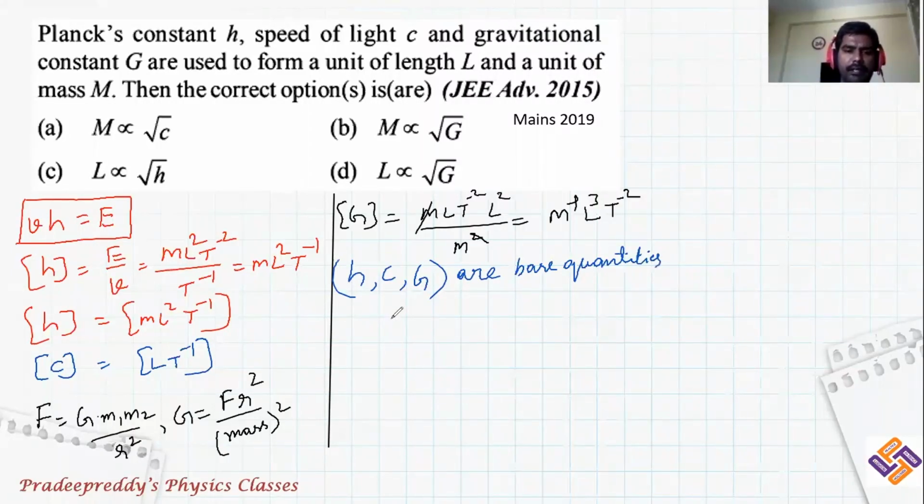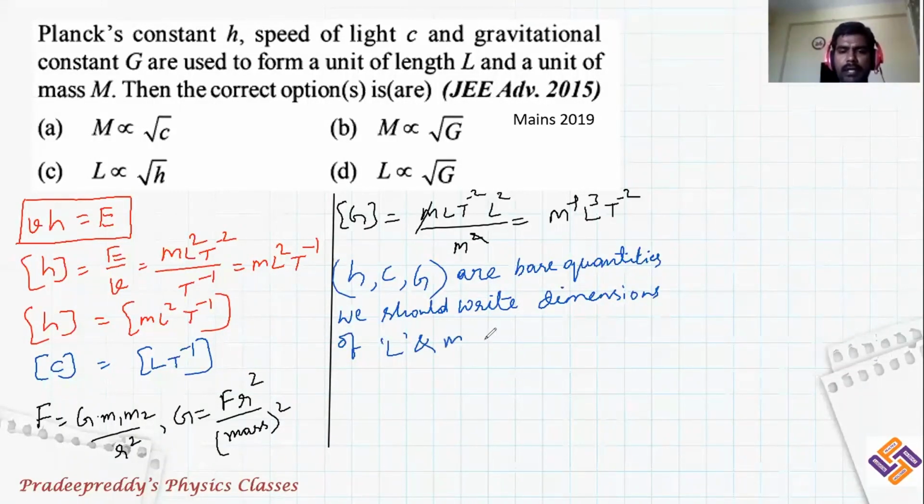We should write dimensions of L and M in terms of H, C, G. So L is length. You should write down L in terms of H, C, G, and M is mass. Mass dimension is capital M, but in this problem it is not like that. We are asked to derive dimensions of mass in terms of H, C and G. You should write it in terms of H, C and G.